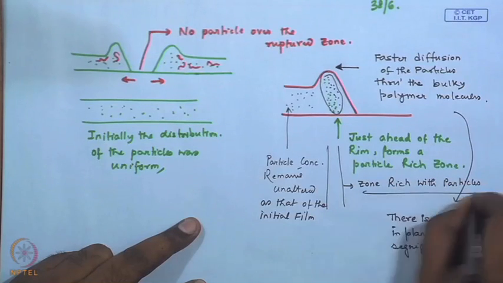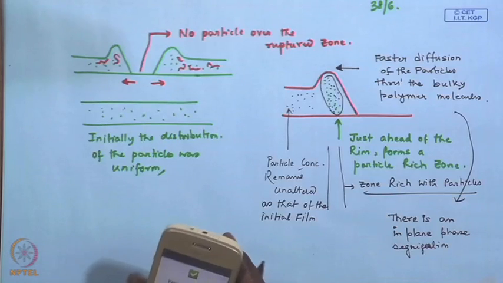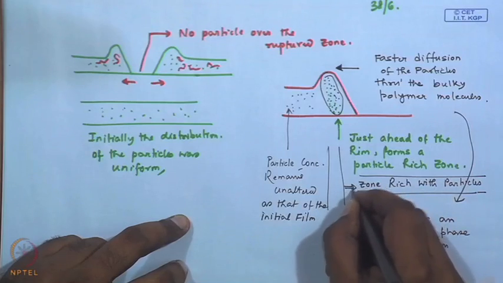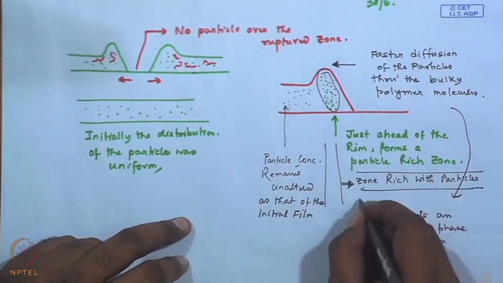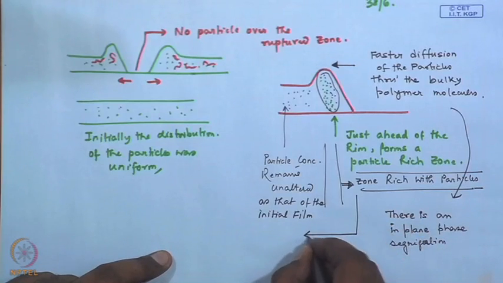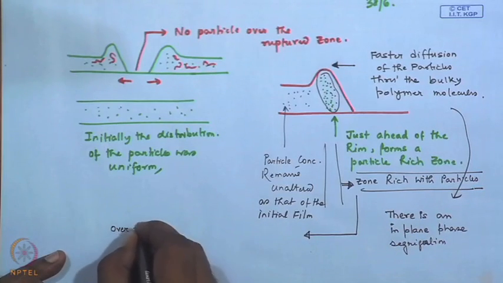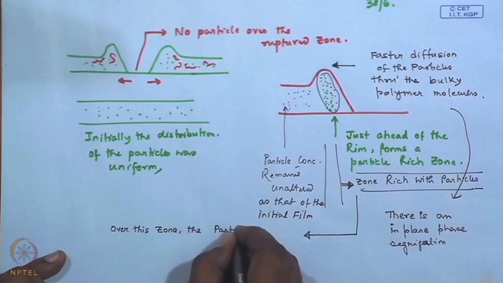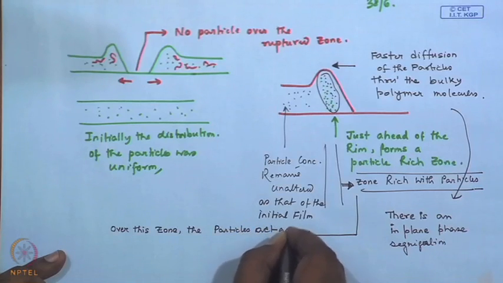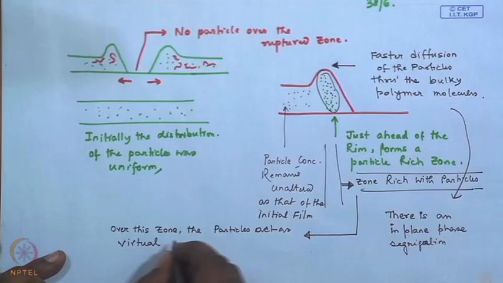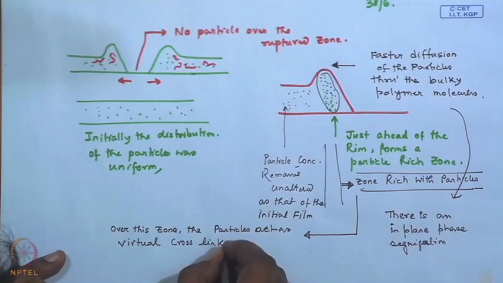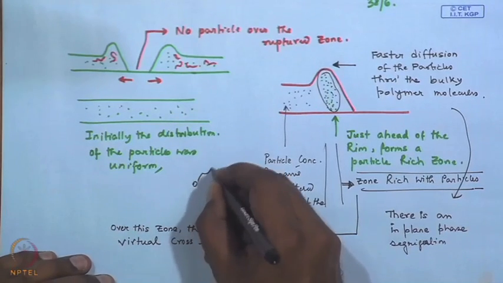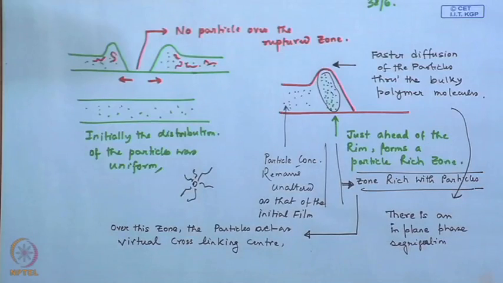So, consequently what happens is over this zone the particles sort of act as virtual cross-linking centers where many polymer molecules sort of get attached to each particle.